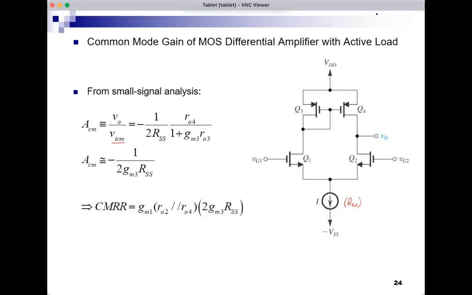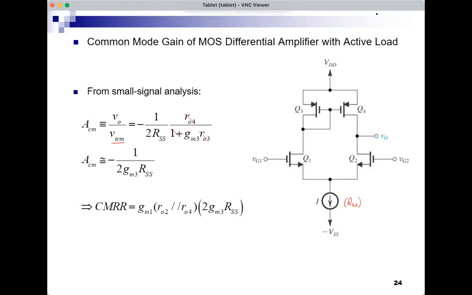We can neglect the 1. And RO3 and RO4 are typically equal. So we can say that this is approximately minus 1 over 2 GM3 RSS. RSS is the output resistance of the current source I, and GM3 is the transconductance of Q3.